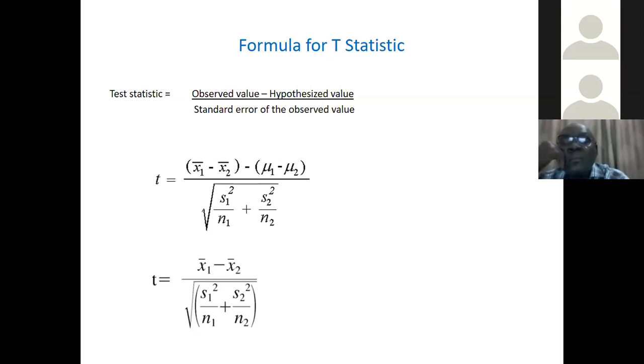For male, the mean blood sugar is maybe 60. For female, the mean blood sugar is 65. So the observed values are 60 and 65, and the observed difference is 5, because 65 minus 60 is 5. All of this is anything you can see in your data set.